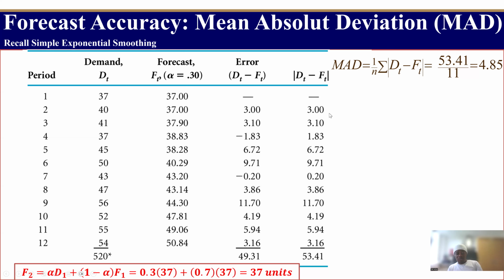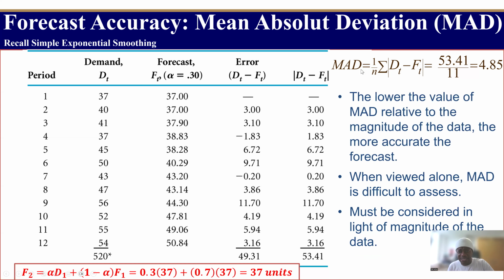You can see that the first one was not available, because there's no error. So we actually have a sample of 11 periods instead of 12 periods. And that is how we get 53.41, the sum here, divided by 11, that's 4.85. So the mean absolute deviation is 4.85. But we need to check against the other ones.